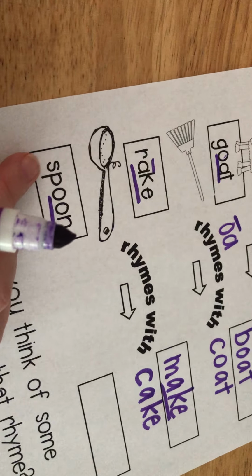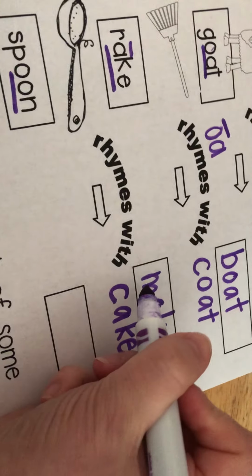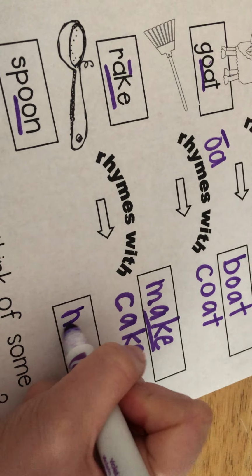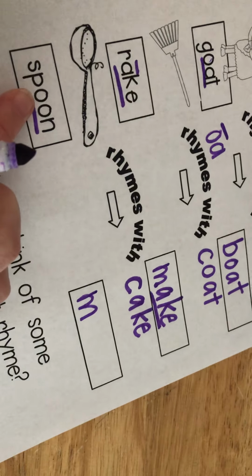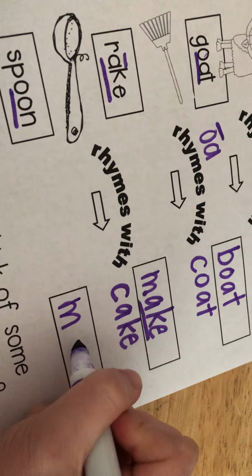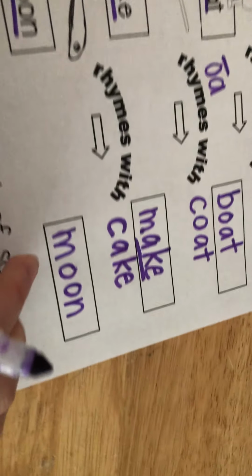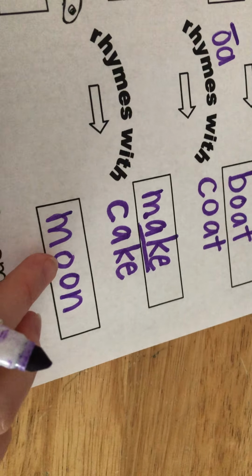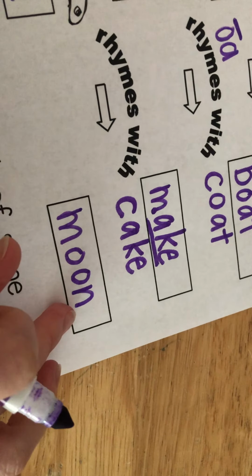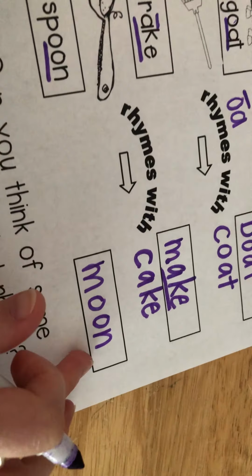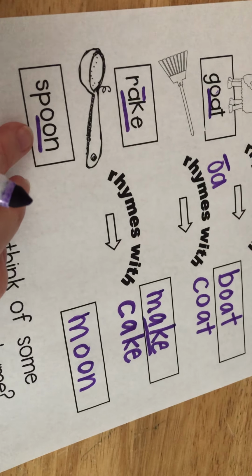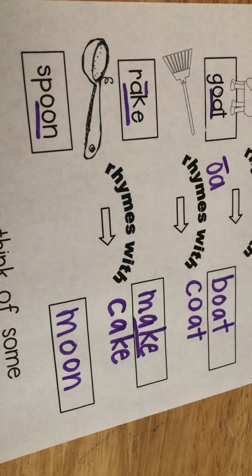So let's change the sp to the same sound here. And remember, it's going to have oon. So that has the O-O-N. So let's see, it's moon. So we have moon, spoon. Very good.